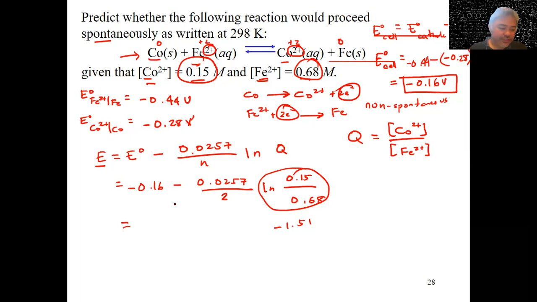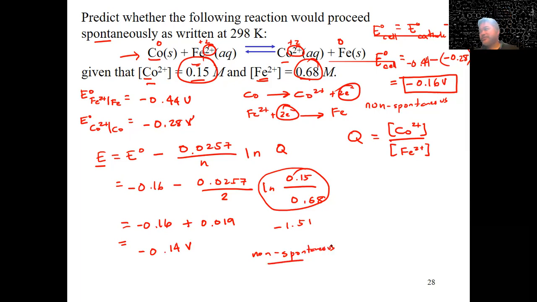So I get here a 0.019. So what do you get? Negative 0.16 plus 0.019. So I get around negative 0.14. So it's still non-spontaneous.